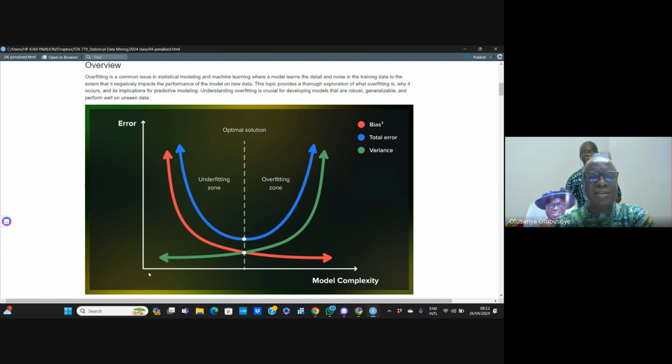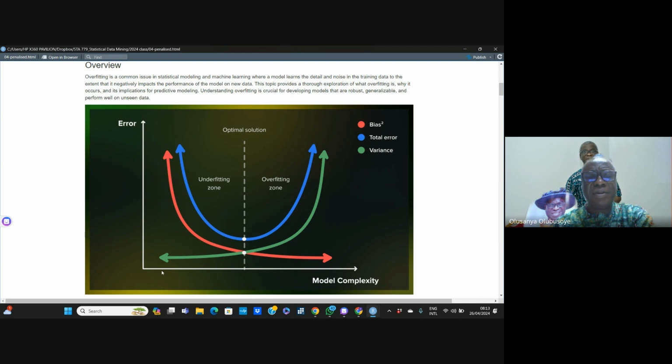And on this axis, you have the model complexity. Here, the model is very simple. So maybe simple in terms of the function you have used, simple in terms of the number of features or independent variables that you have used.